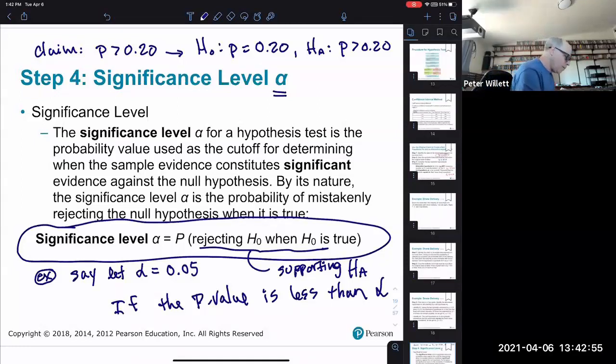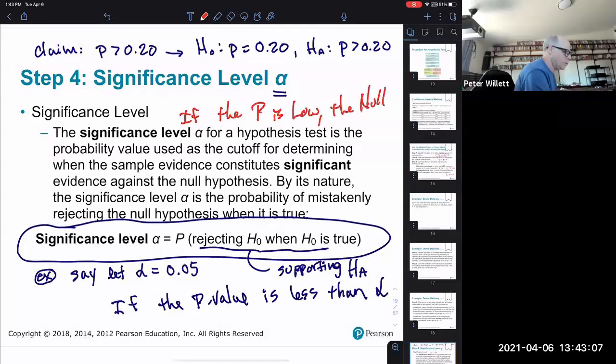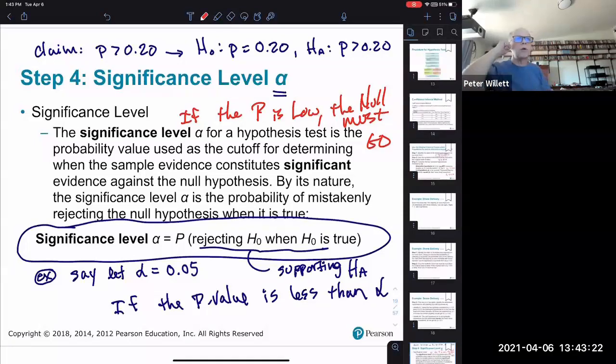Ultimately, here's the phrase to start to remember: if the p is low, the null must go. Meaning you reject the null. If the p is low, meaning below alpha, then the null must go, meaning you reject the null hypothesis. If the p is low, the null must go.